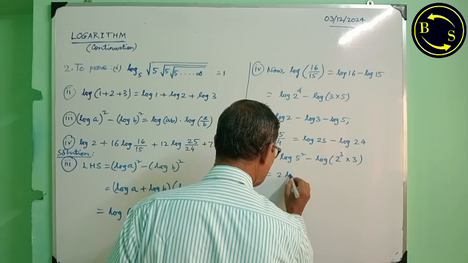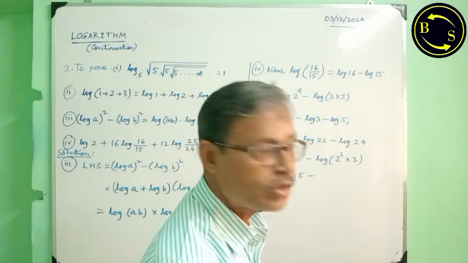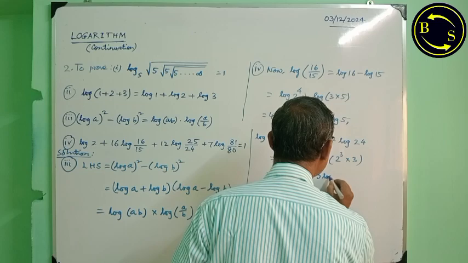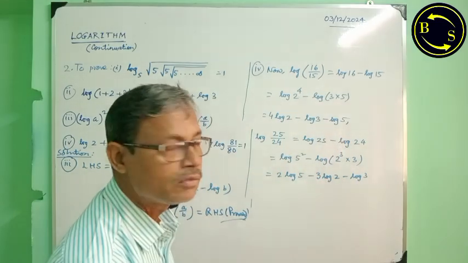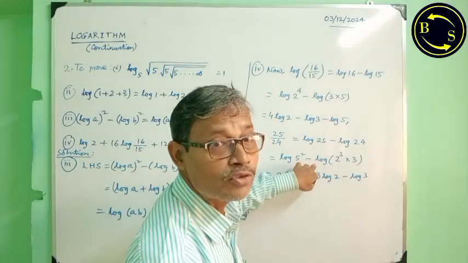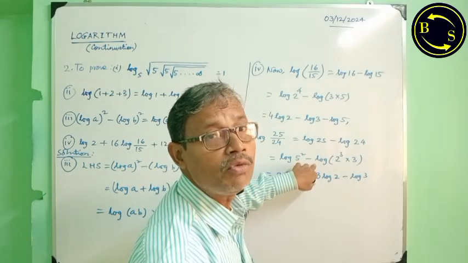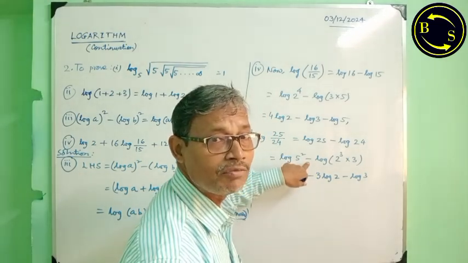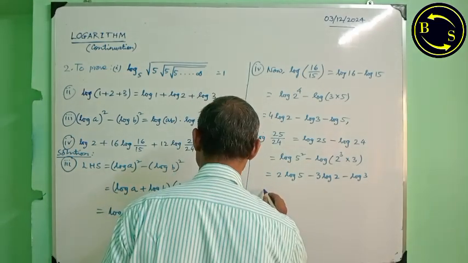Therefore, this will be 2 log 5 minus log of 2 cube plus log of 3. That means it will be 3 log 2 minus log 3. I have calculated mentally. First of all, log of within brackets 2 cube into 3, that is equal to log of 2 cube plus log of 3. Now, if we remove the brackets, since there is minus sign before the bracket, therefore it will be this.